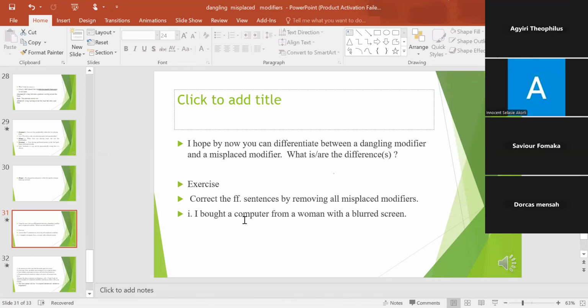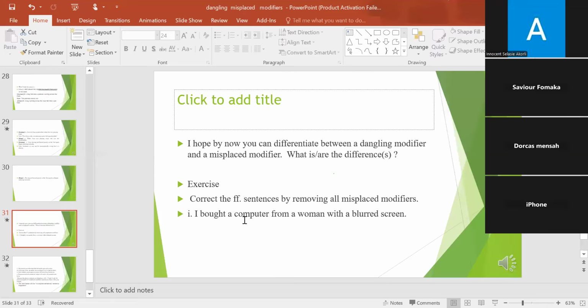I bought a computer with a blurred screen from a woman. Okay. Is there another way to say it apart from this?